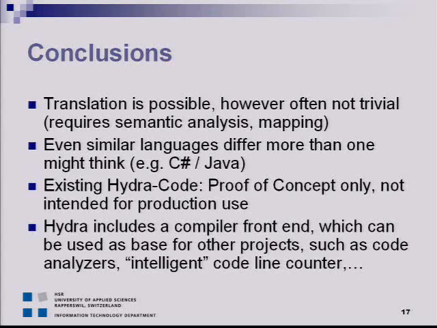The existing Hydra code is not production-proof code, if you want to put it that way, but is a proof of concept. It includes a compiler front end, which, as said before, can be used as base for other projects, such as code analyzers, intelligent code line counters, and so on, you name it.